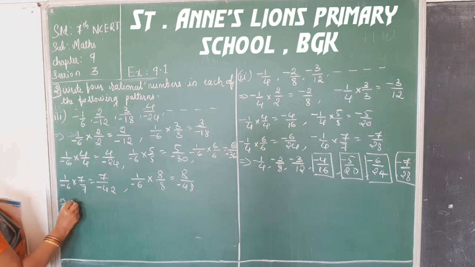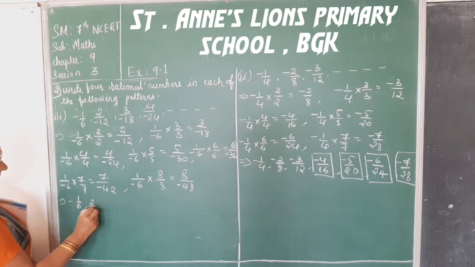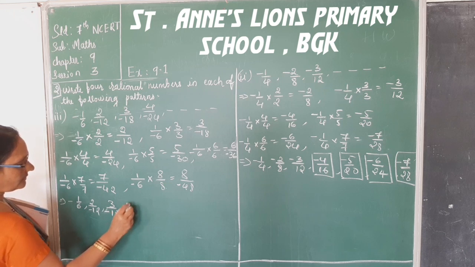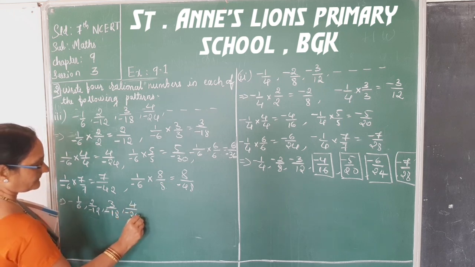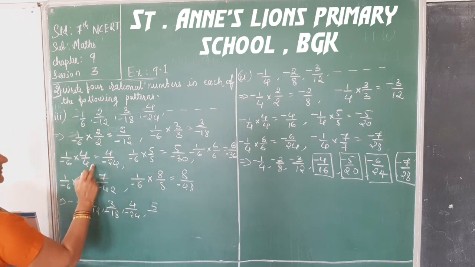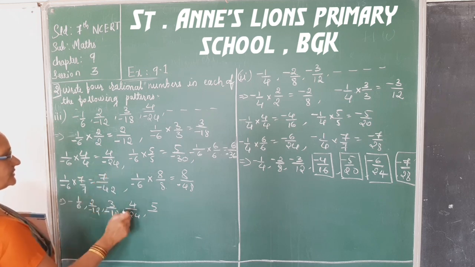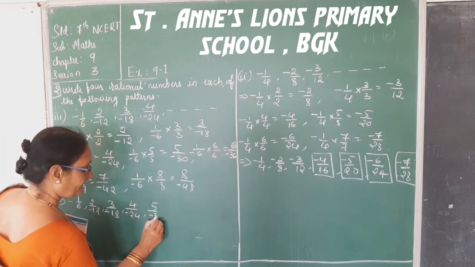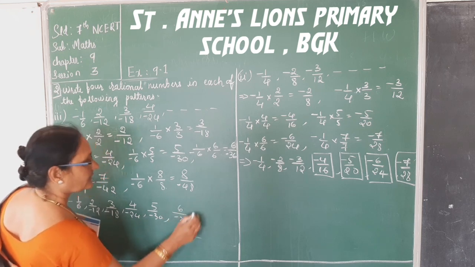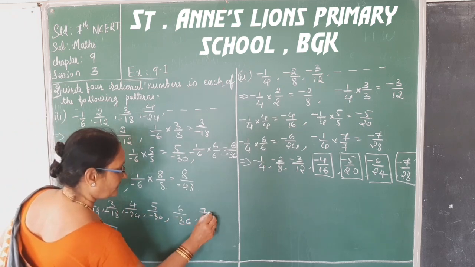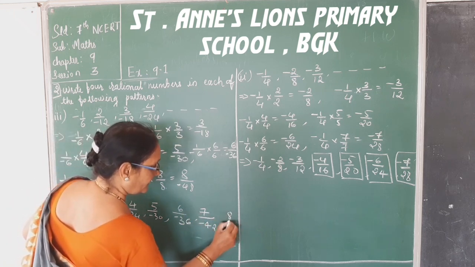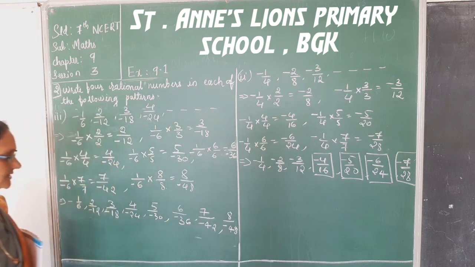So this implies that minus 1 by 6, 2 by minus 12, 3 by minus 18, 4 by minus 24, 5 by minus 30, 6 by minus 36, and then 7 by minus 42, 8 by minus 48 is the required pattern.